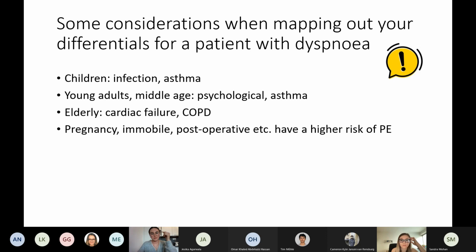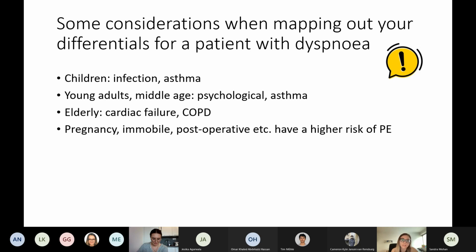Okay, so some considerations when mapping out your differential for a patient with dyspnea. Based on who comes in, for example, if you have a child that comes in with dyspnea, it's more likely to be an infection or asthma. With young adults or middle-aged patients, it could be psychological or also asthma.